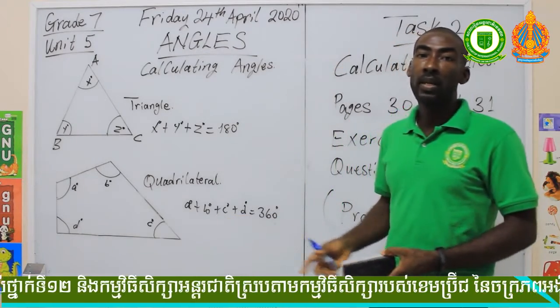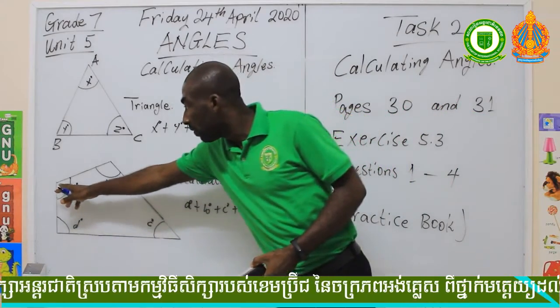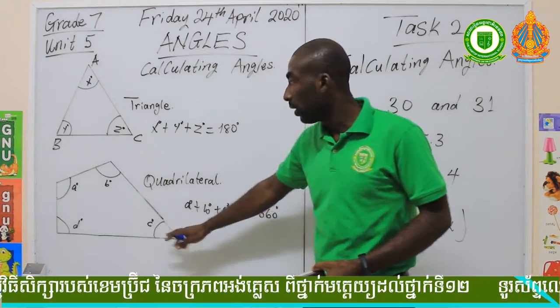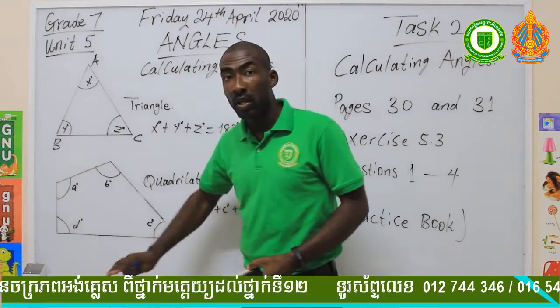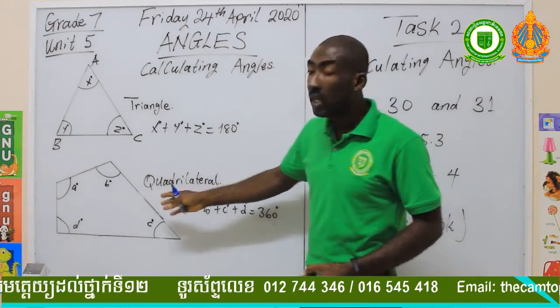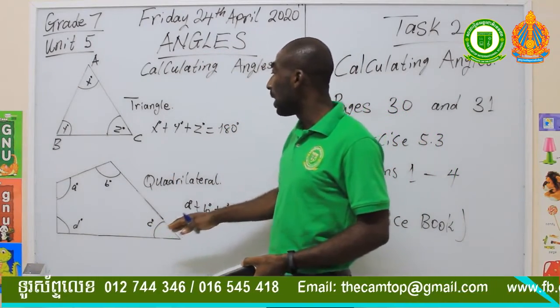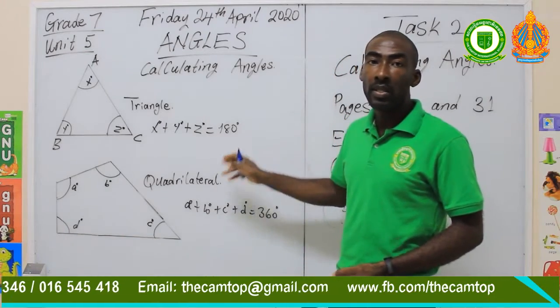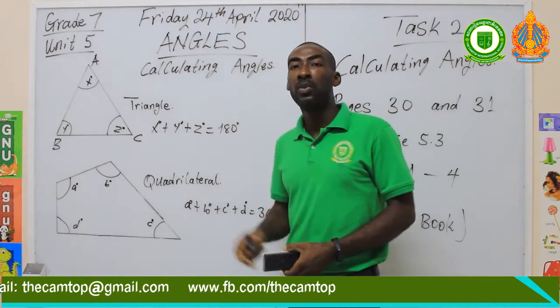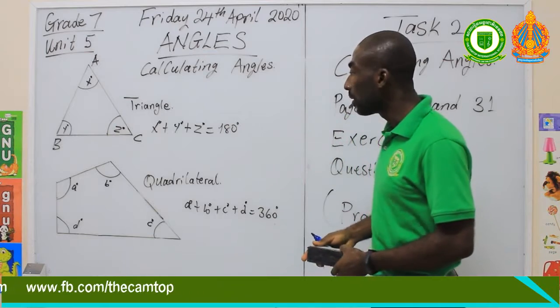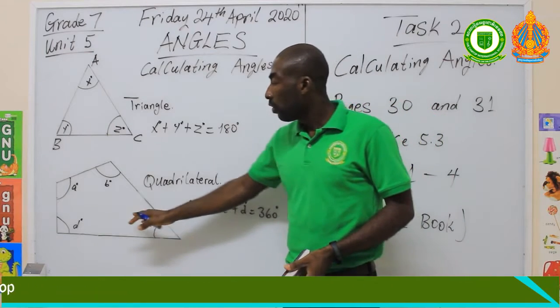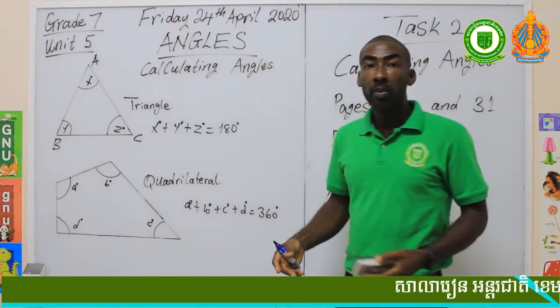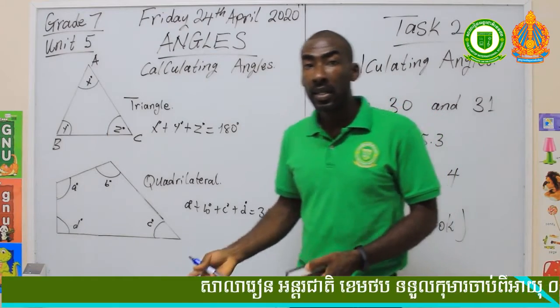The reason being that with quadrilateral, you can divide it into two portions, and when you divide into two portions, you have two triangles within. That means that it is 180 degrees times 2, so that will give you 360 degrees. I also said that your quadrilateral can be a square or can be a rectangle.